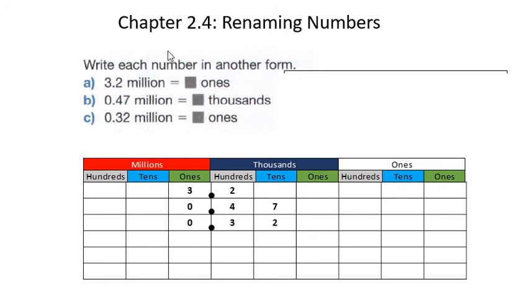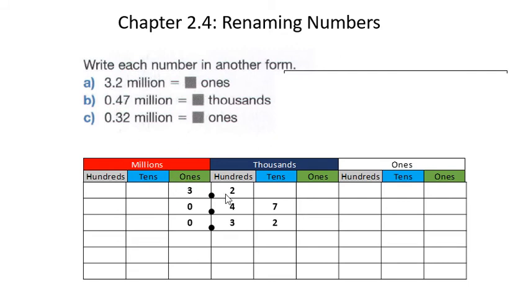In our section today, we're going to be looking at renaming significantly larger numbers. So if we look at the number 3.2 million, we could show that on this place value chart right here. Once again, here's our millions grouping, our thousands grouping, and our ones grouping. Our millions grouping tells us we have 3 millions, and that's the 3.